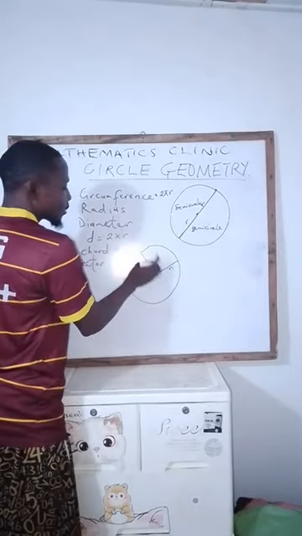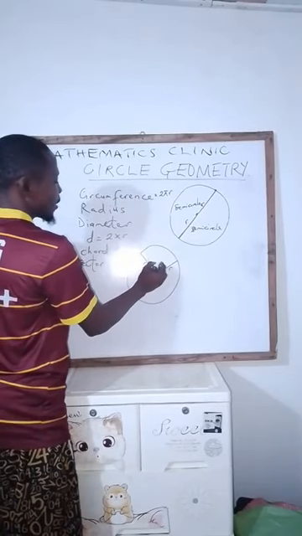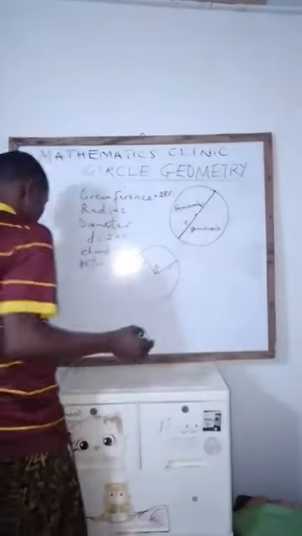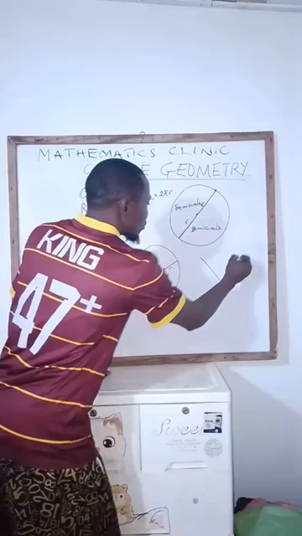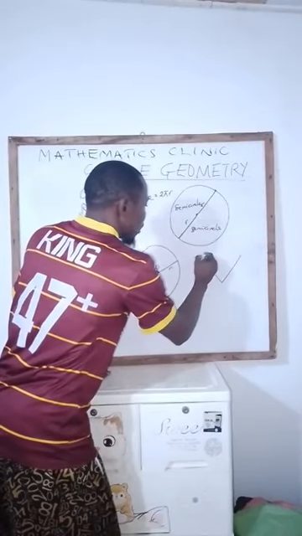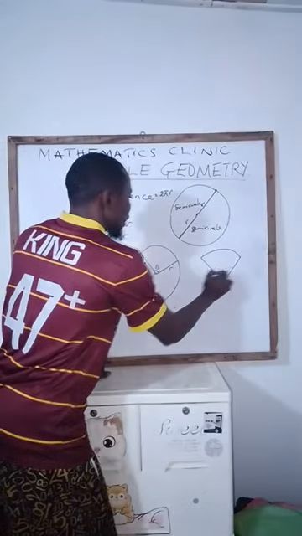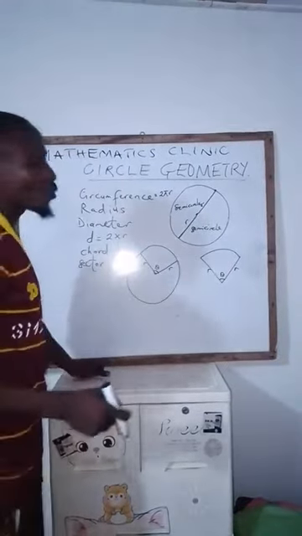Then, if I cut out this portion, this is done at an angle. Let me call it angle theta. If I cut that portion out, I have this. Then I have theta, radius. This portion is a sector.